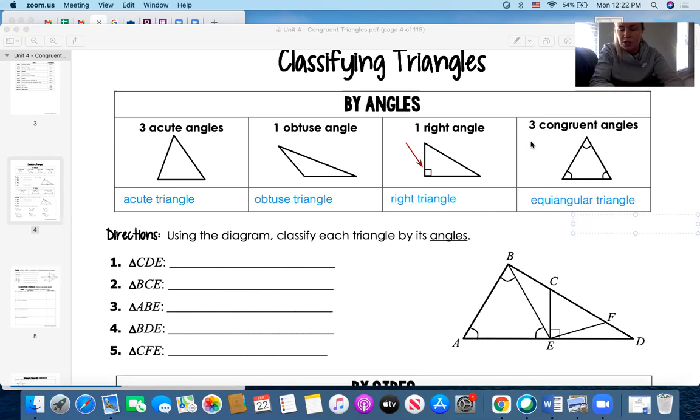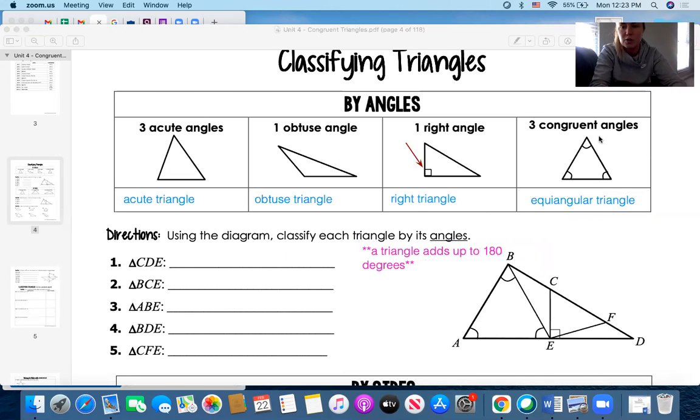Something that is not on this sheet that I want to talk about is how many degrees a triangle is. So a triangle adds up to be 180 degrees. That means if you took all of the angles of a triangle, they would add up to be 180 degrees.